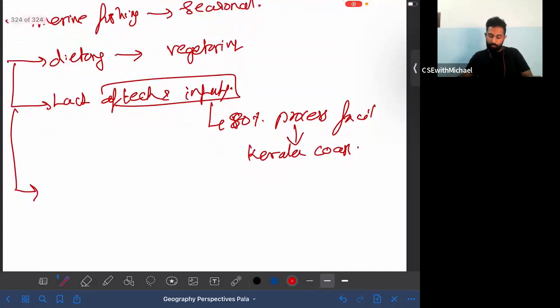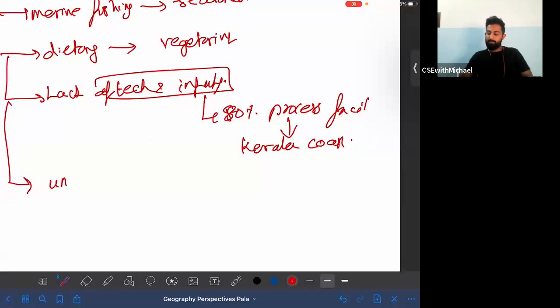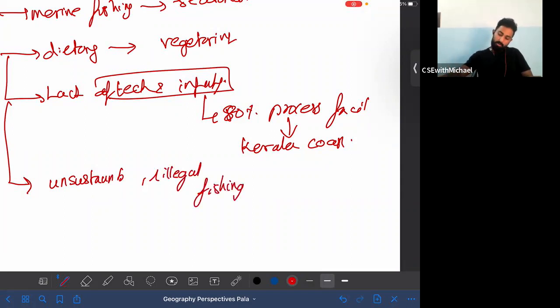On top of all that, you have unsustainable, illegal fishing, which again leads to destruction of the fish wealth. It prevents the rejuvenation of the fish wealth, and thus over a period of time, the fish catch keeps on declining. This issue has been witnessed on the Kerala coast. There was recently news about declining fish catch on the Kerala coast too.